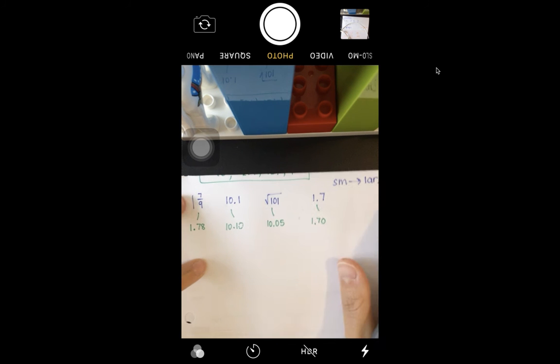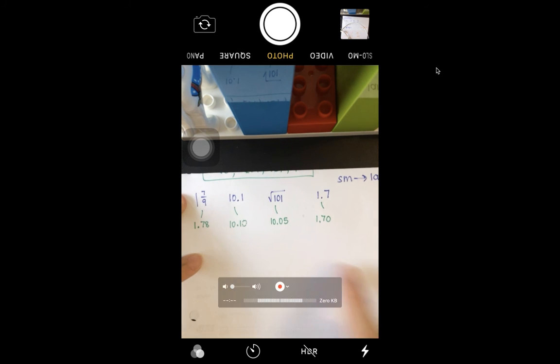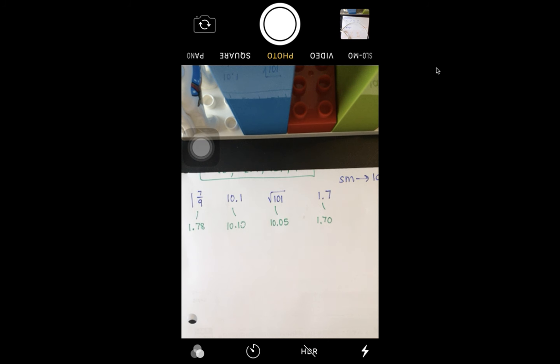Okay, does anyone think they can unmute themselves and tell us the whole shebang in order, from smallest to largest? Okay, whoever said that, just go.